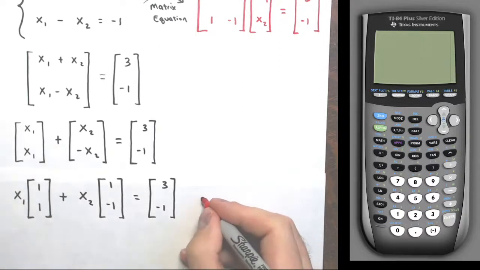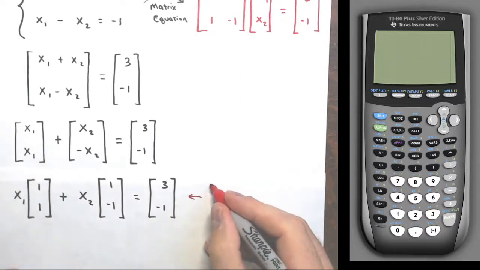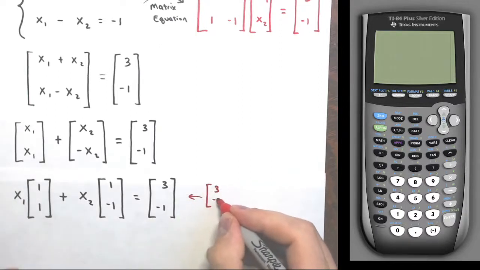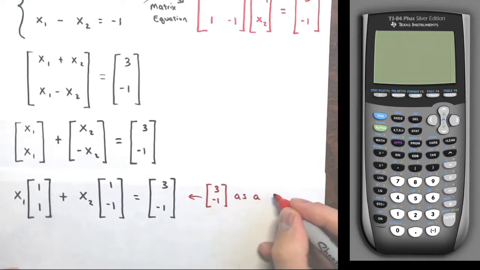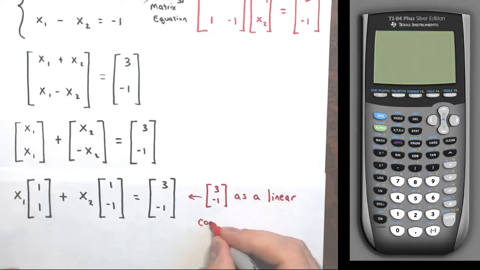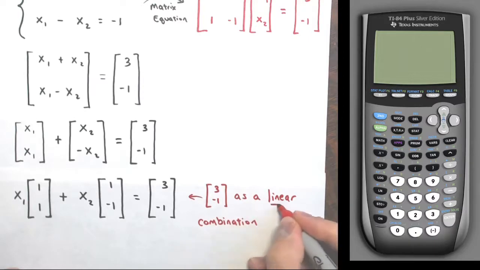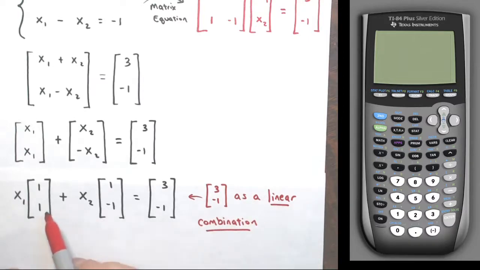All right. This is the vector 3, negative 1 as a linear combination of the vectors 1, 1 and 1, negative 1.